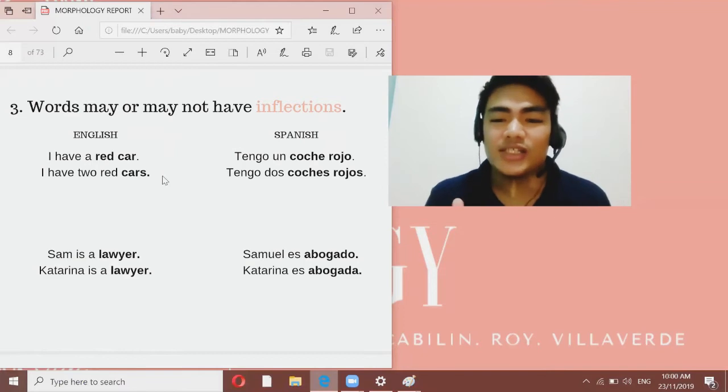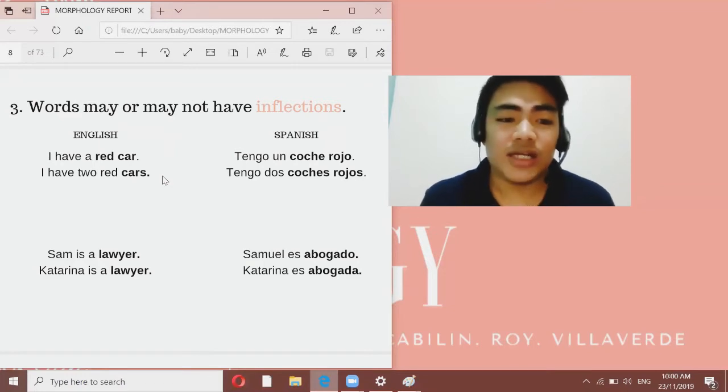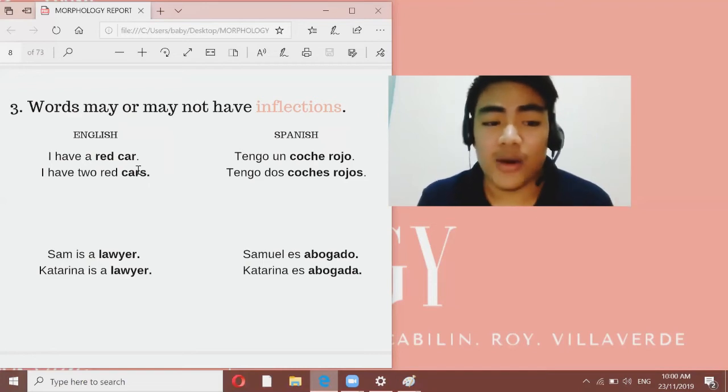So in English, we inflect by adding s to a certain word, and it's called pluralization in English. Now, how do we pluralize? We add s to the existing noun from car to cars.